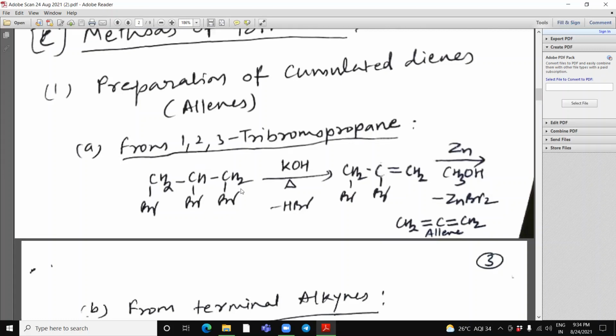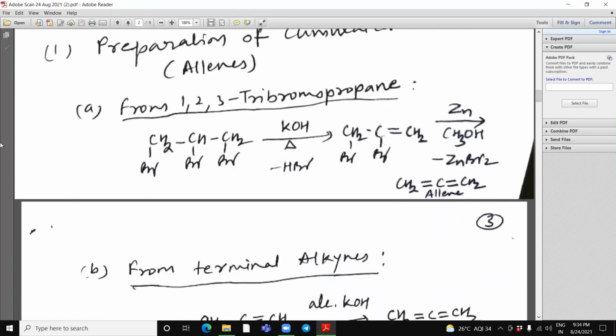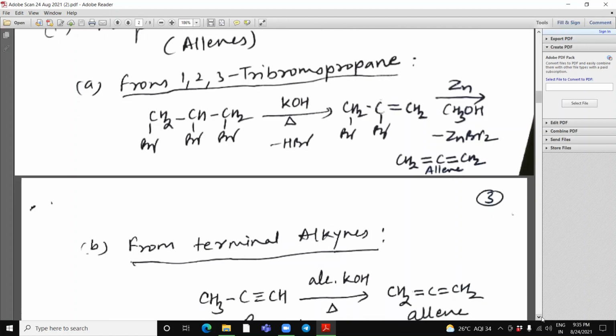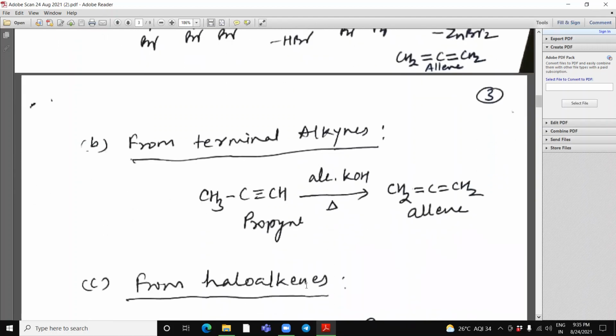If 1,2,3-tribromopropane is treated with alcoholic KOH, then it will dehydrohalogenate, and then in presence of zinc and methanol, it will dehalogenate and gives allene. From terminal alkynes, we can prepare allene. If propyne is treated with alcoholic KOH, it will rearrange to allene.